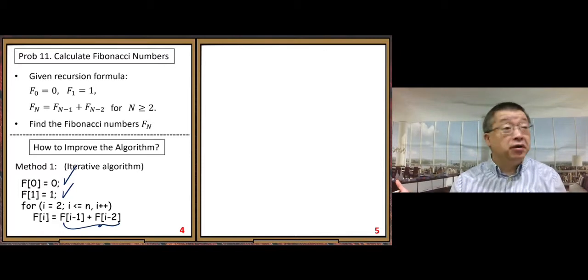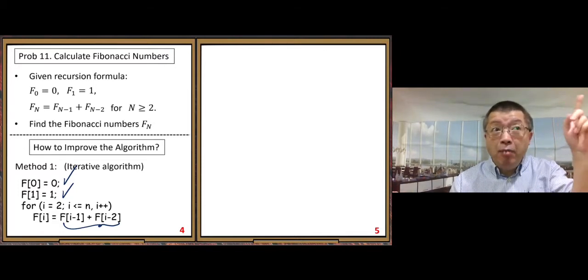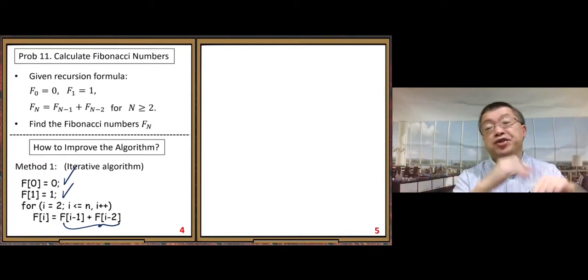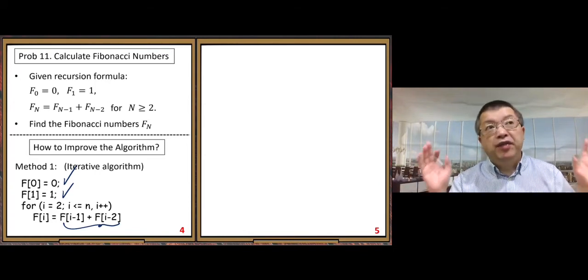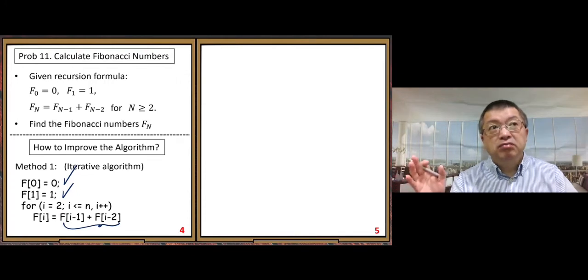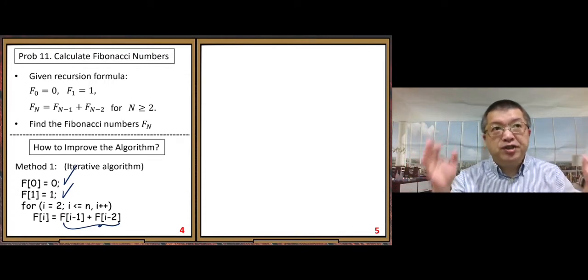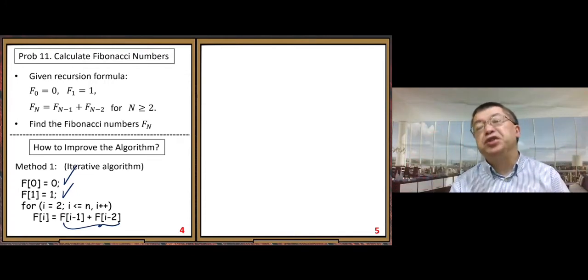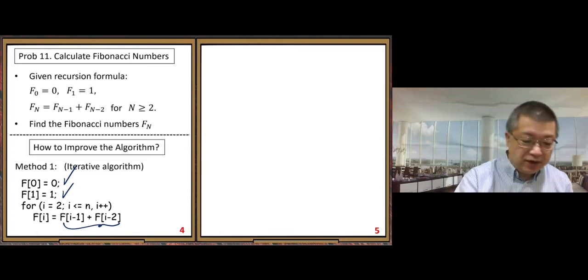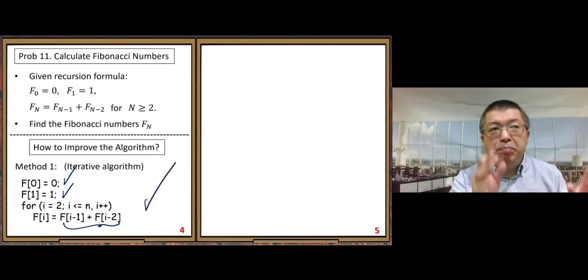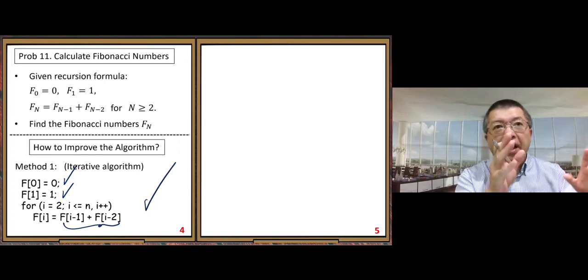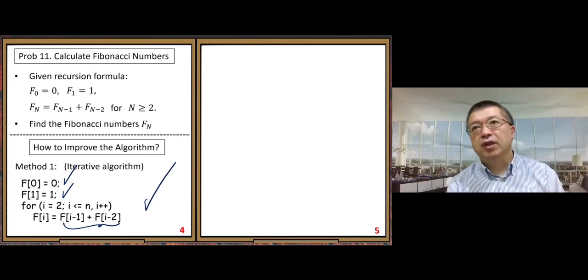No redundant calculation, right? Each Fibonacci number you only need to calculate once. This simple implementation avoids redundancy easily. So it is a much better algorithm than the previous one.